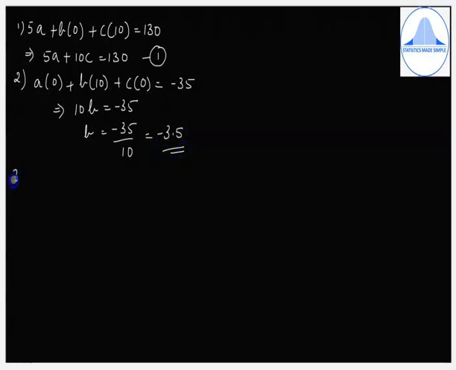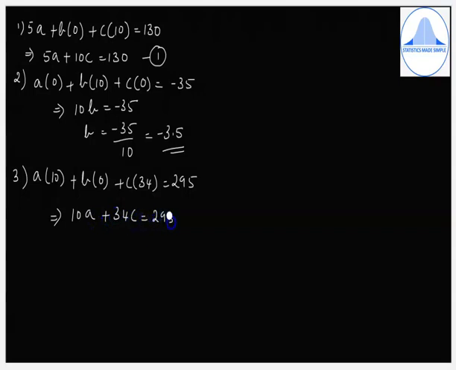Substituting in the third normal equation, we get a into 10 plus b into 0 plus c into 34 is equal to 295. So which implies 10a plus 34c is equal to 295. I'll call this equation 2.